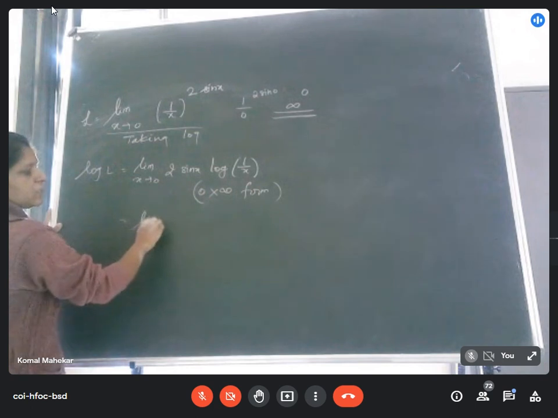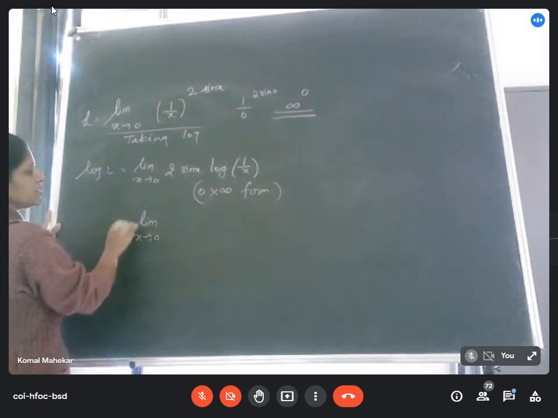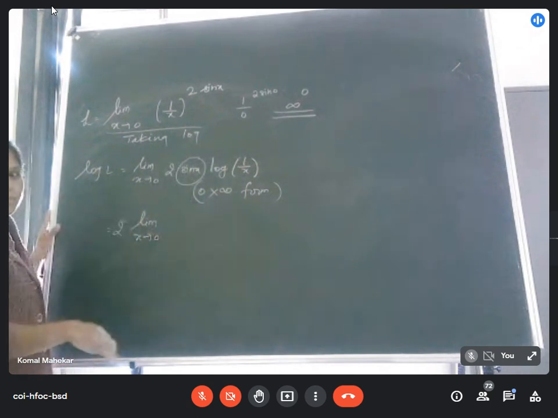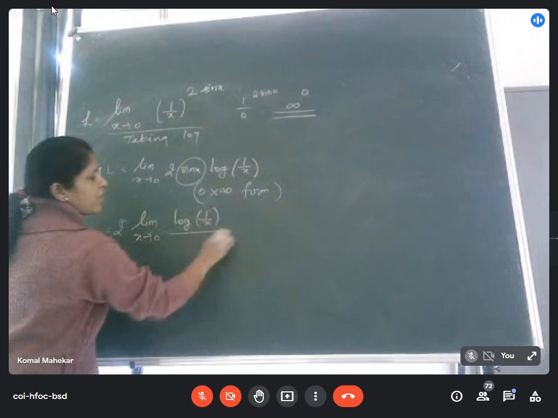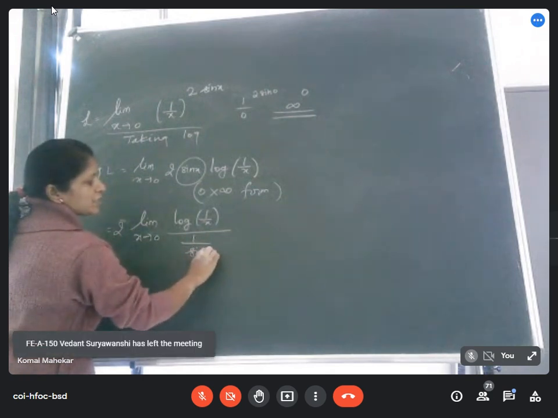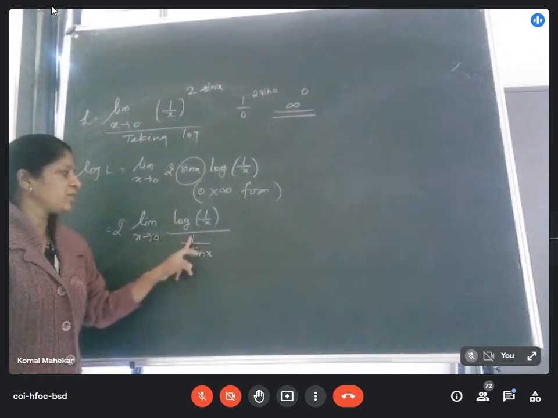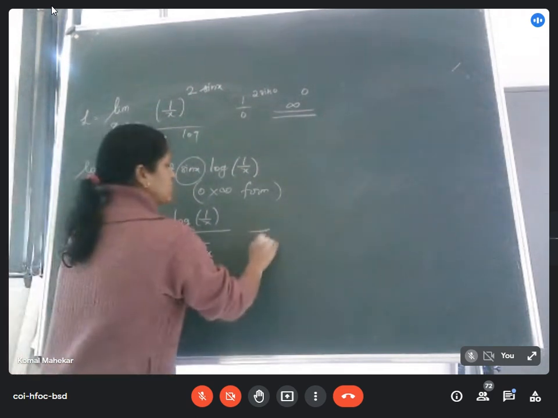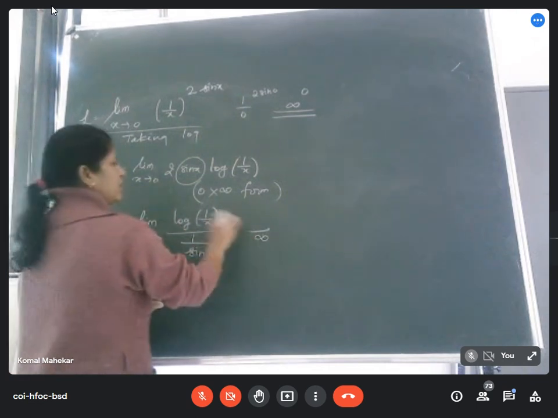Now this can be converted into 0 by 0 or infinity by infinity, by writing this function sin x in the denominator. So this becomes log of 1 by x divided by 1 by sin x. Now 1 by sin 0: sin 0 is 0, 1 by 0 is infinity. So this is infinity and this is log of 1 by 0, that is again infinity.